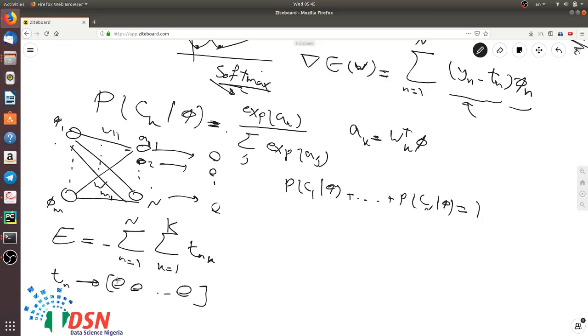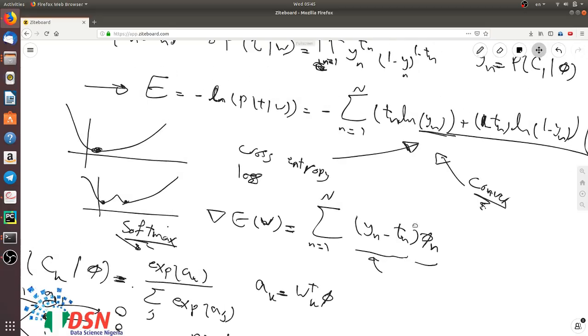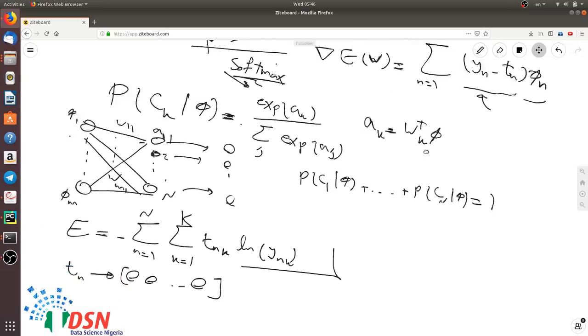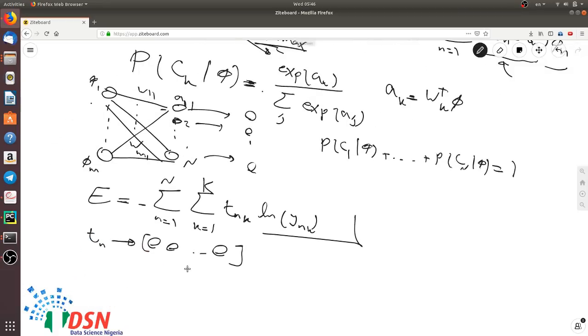So this is the probability of class 1, class 2, and so on. So we have t nk and log of output y nk. This is very similar to the 2 class case. You could see that for the 2 class case you could write it like this. So this is cross-entropy loss for multi-class.